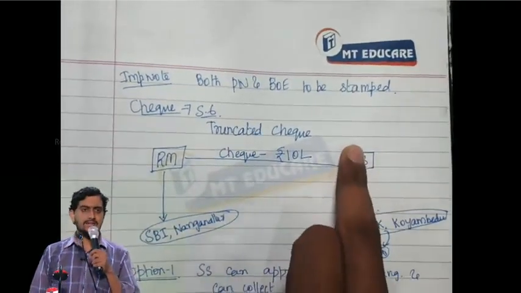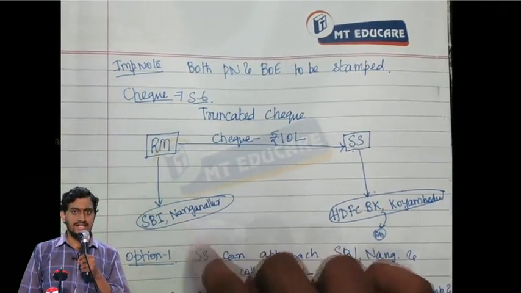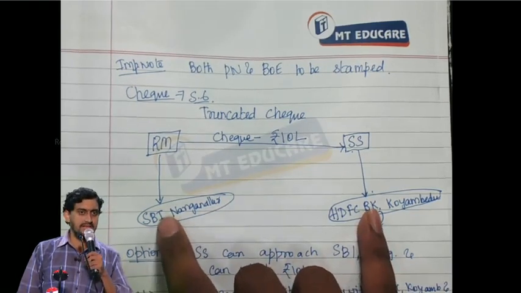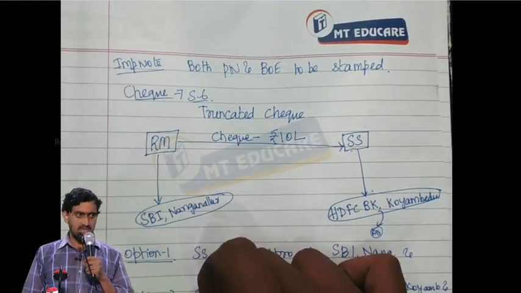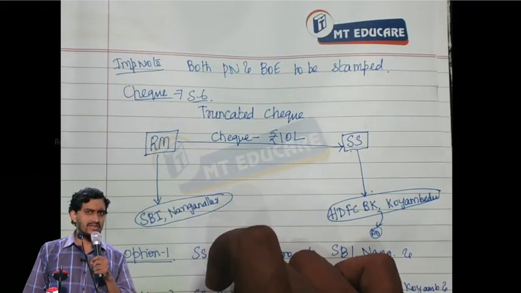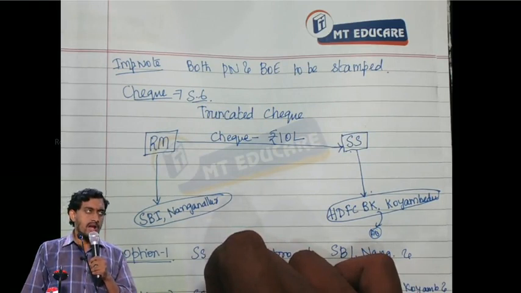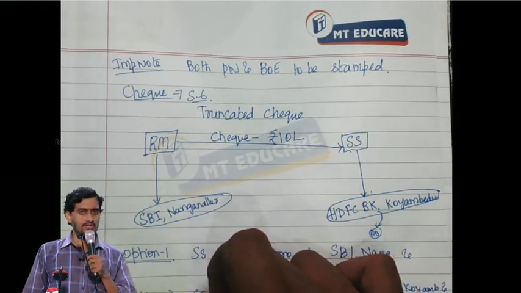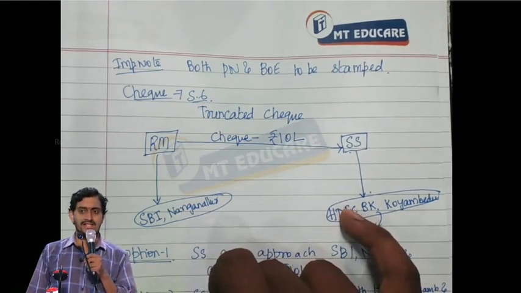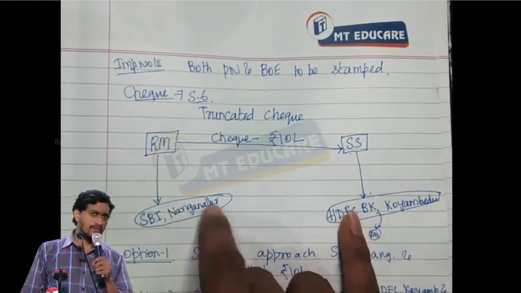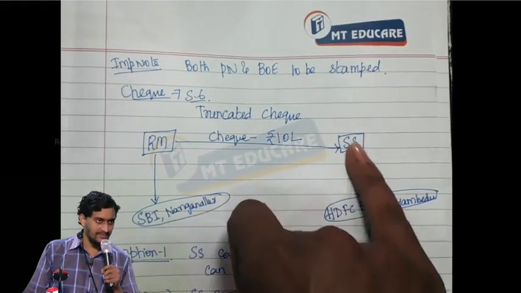Take this illustration here. RM is there and SS is there. Who is the collecting banker, who is the paying banker? HDFC is the collecting banker, SBI is the paying banker. In a general crossing, I gave direction to SBI. In an account payee crossing, I am giving direction to HDFC: you will collect the amount from SBI, but after you collect it, don't pay it to him directly.